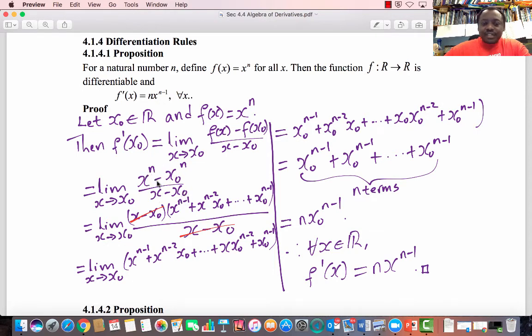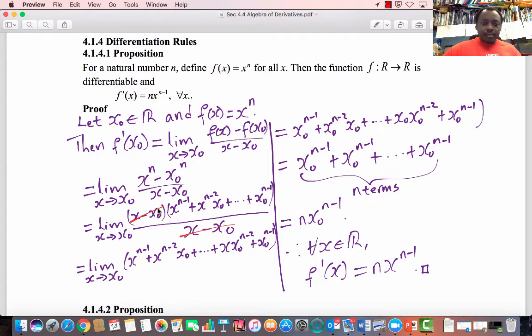Using our difference of powers formula, which we also call our power rule, x raised to the power n minus x naught raised to the power n factors as x minus x naught times x to the n minus 1 plus x to the n minus 2 x naught plus and so on up to x naught raised to the power n minus 1, all of that divided by x minus x naught.